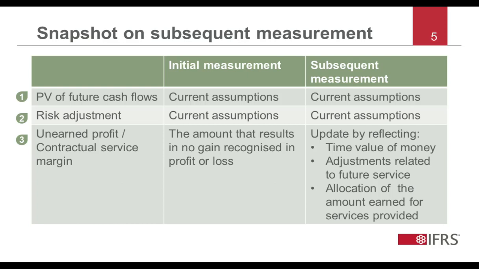The rest of today's webinar will focus on the subsequent measurement of the CSM, starting first with a high-level overview of how changes in the fulfillment cash flows and the contractual service margin show up in profit and loss.